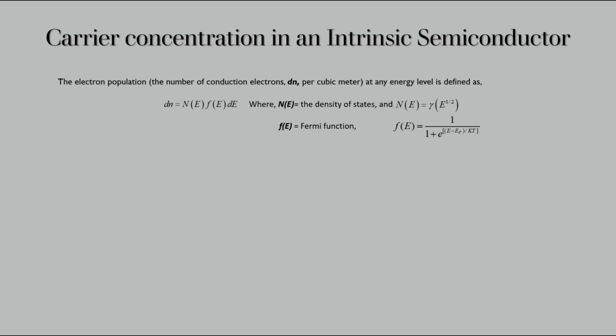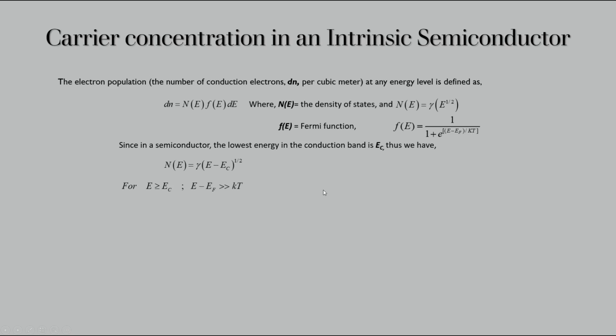Therefore, the equation of Ne will be modified into this format, right? Similarly, if we consider E very much greater than EC and E minus EF very much greater than KT, then the Fermi Dirac probability can also be given as this function, where one term will be neglected and it will come to the numerator. So this will be the function.